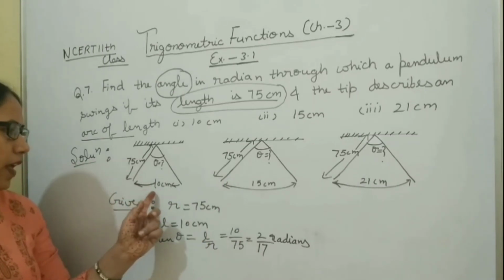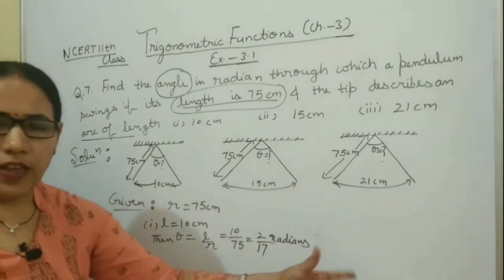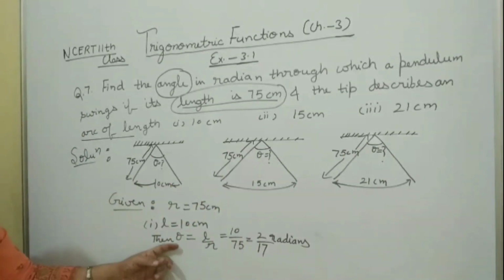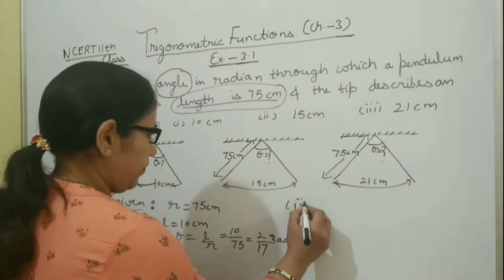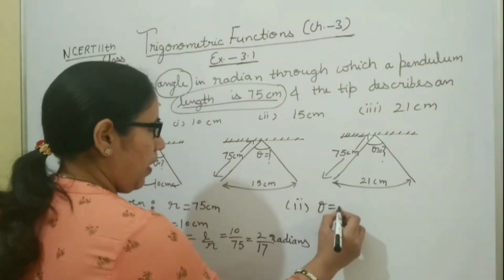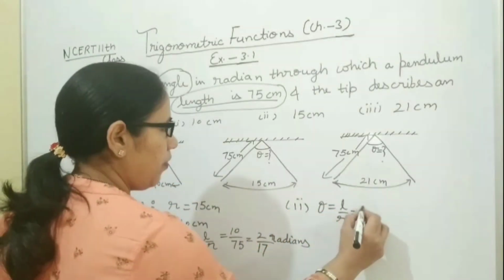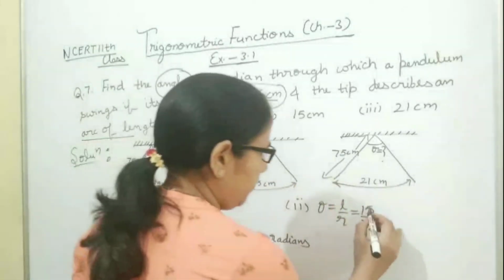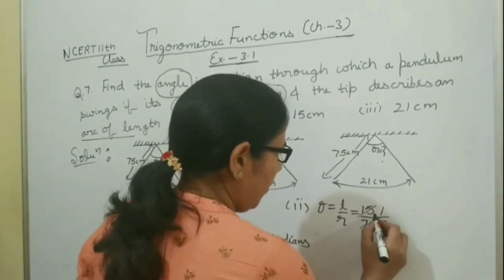This is theta for the first part. Theta equals L by R. The radius is given as 75 centimeter for each case, and the lengths are different for each case. So we calculate theta for each case as theta equals L by R. So it comes out to be 2/15 radians. And in the second part, L by R means 15/75, or 1/5 radians.